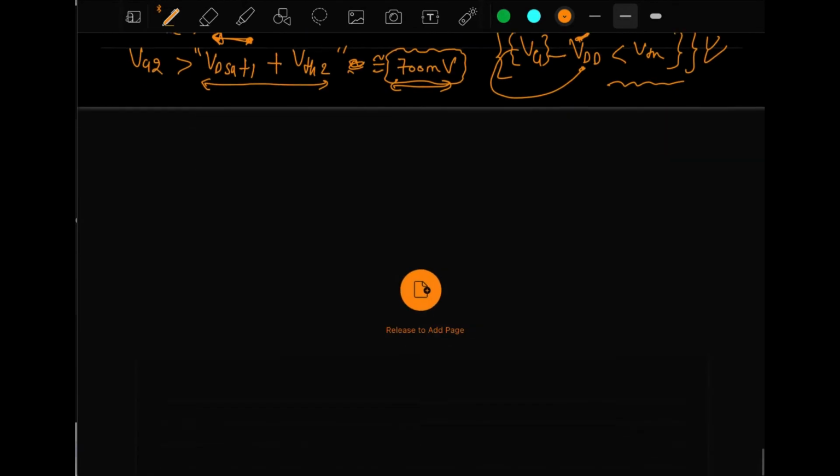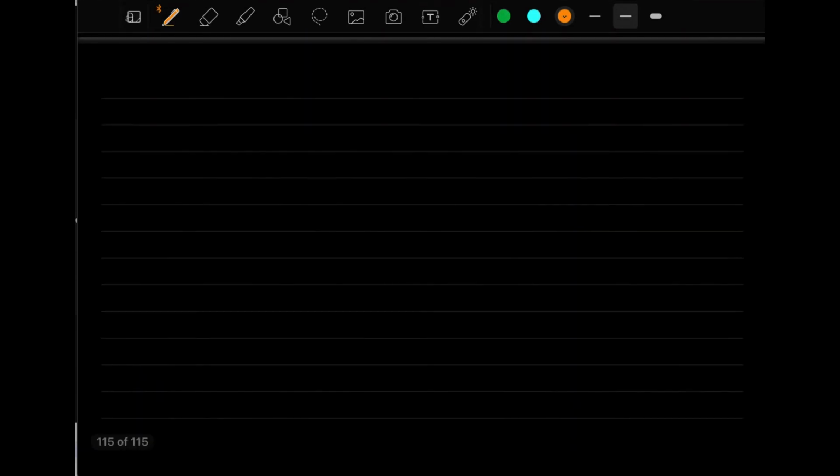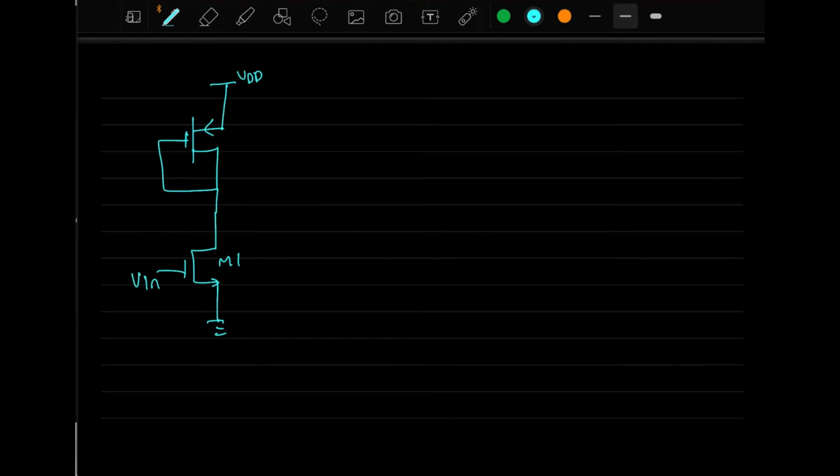Okay, so once it is done, let us do a small exercise where you have this particular circuit, and then you have a MOSFET here, M1. This is your V in, and this is your MOSFET M2, and this is your V out.